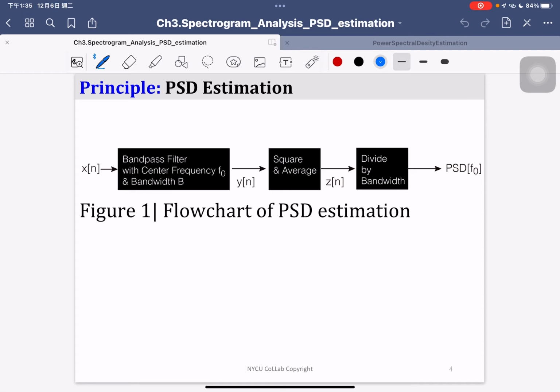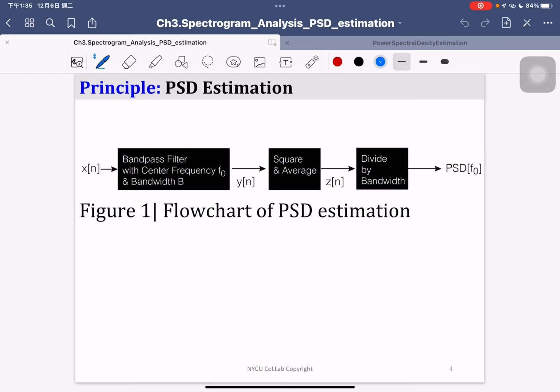We just focus on some specific frequency, like I highlight F0 here, and this is our center frequency band, and we can control the bandwidth of our data. Then we have the spectrum amplitude for a specific frequency with a bandwidth B, and then we can calculate the square of the spectrum amplitude and do averages.